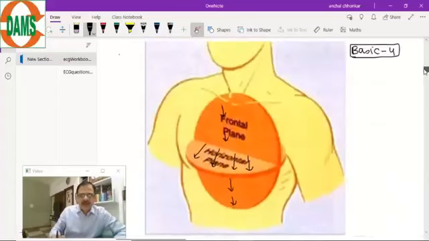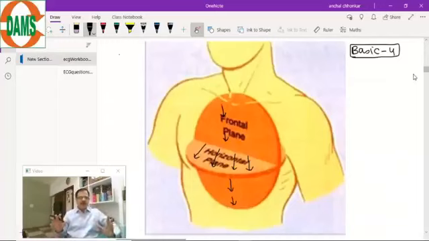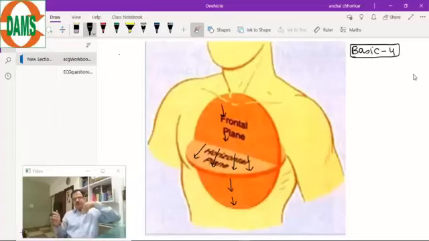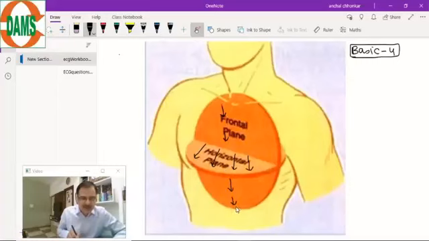This is the three dimensions of our heart. Electrical activity is moving from superior to inferior, from the SA node downward to the apex of the heart. Just visualize this, no need to write the diagram.